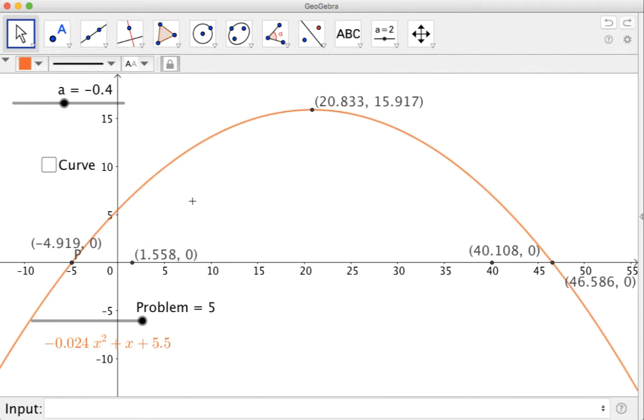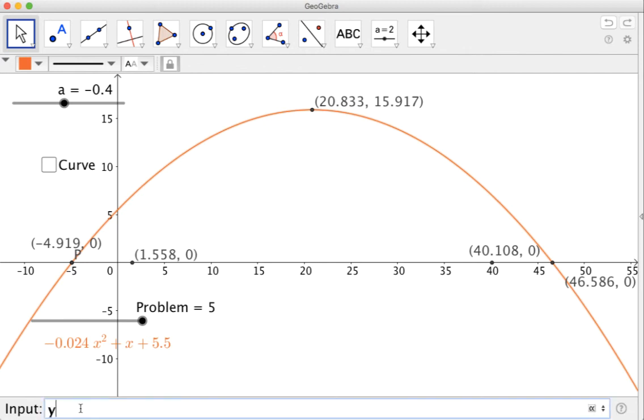It turned out those zeros were 1.558 and 40.108. So in this interval from x equal to 1.558 to x equal to 40.1, the height was at least 7 feet off the ground.